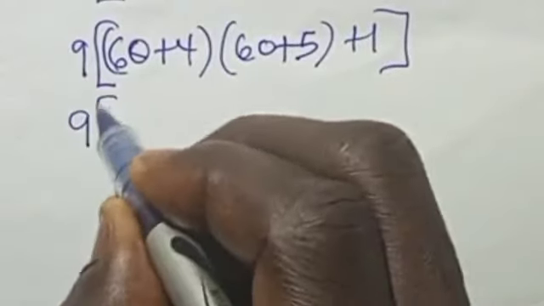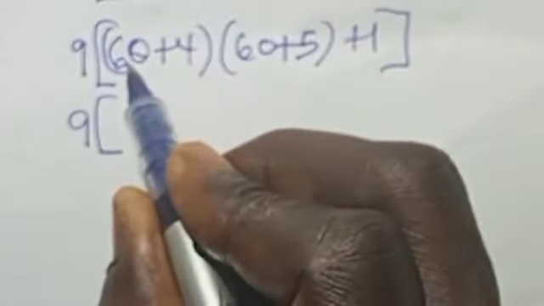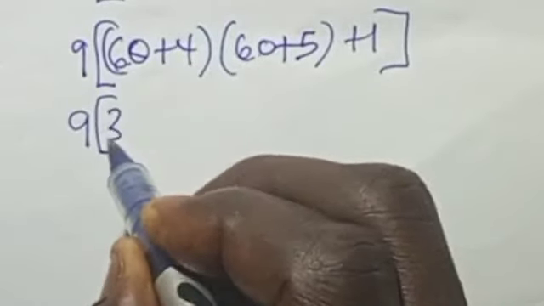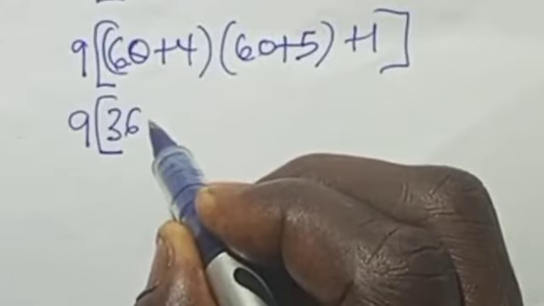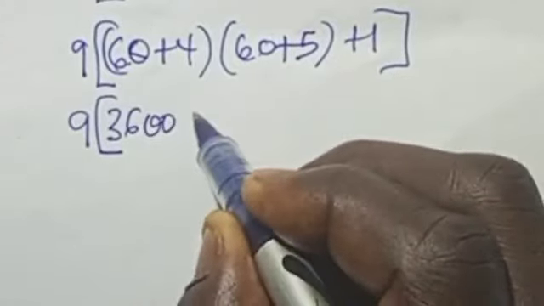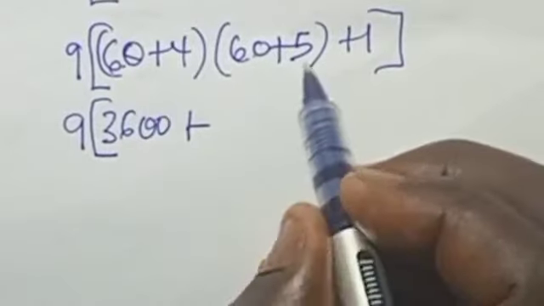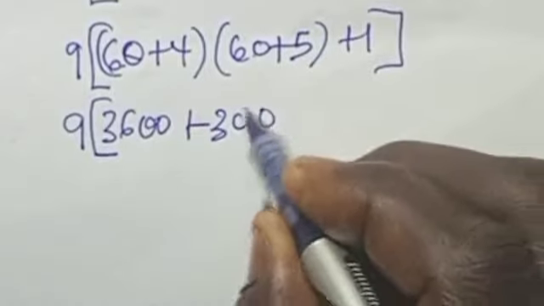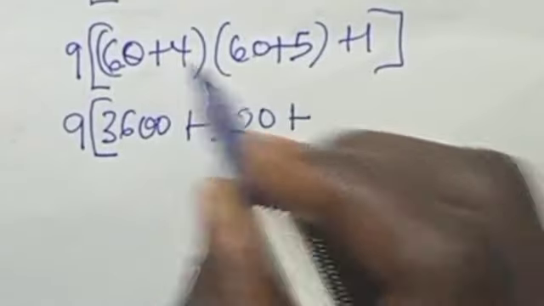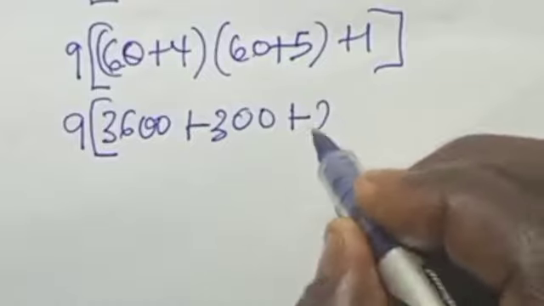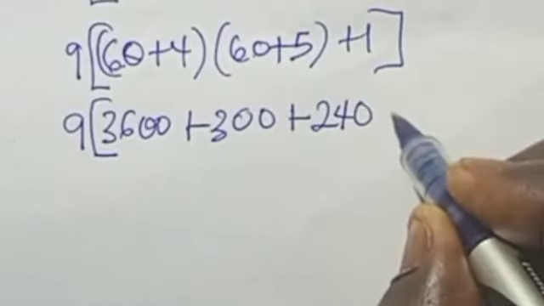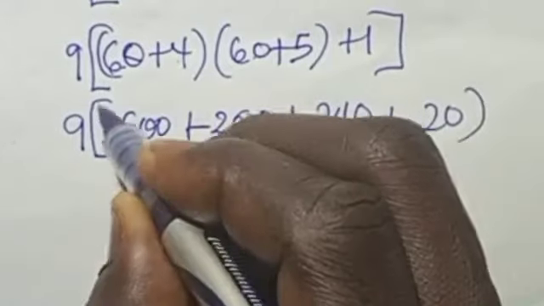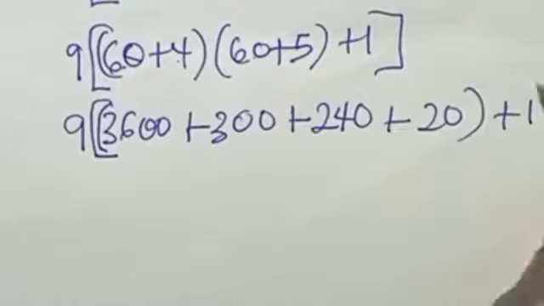So 9 times 60 times 60, that is 3600, plus 6 times 5, 30, that is 300, plus 4 times 6 is 24, that is 240, plus 4 times 5, that is 20, plus 1.